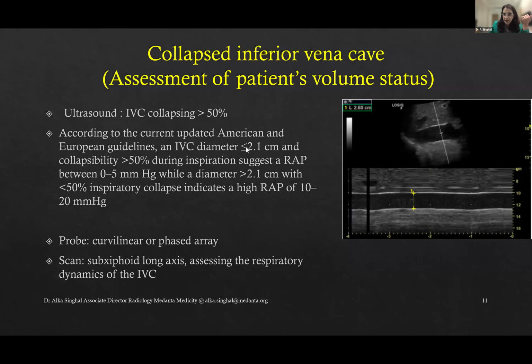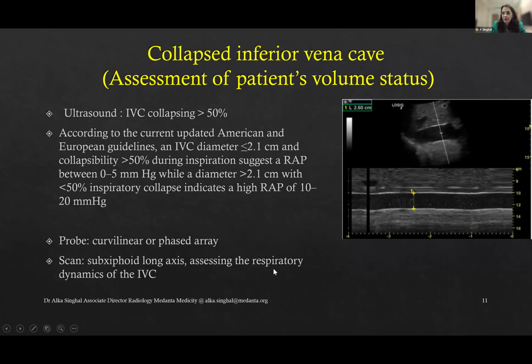According to the updated American and European guidelines, an IVC diameter of less than or equal to 2 centimeters and a collapsibility of more than 50% during inspiration suggests a right atrial pressure between 0 to 5 millimeters of mercury. However, a diameter of more than 2.1 centimeters with less than 50% inspiratory collapse indicates a high RAP of 10 to 20 millimeters of mercury. So that gives you a cue of the hemodynamic status.